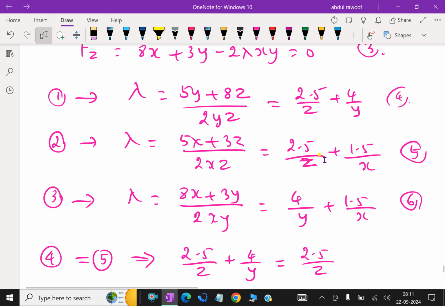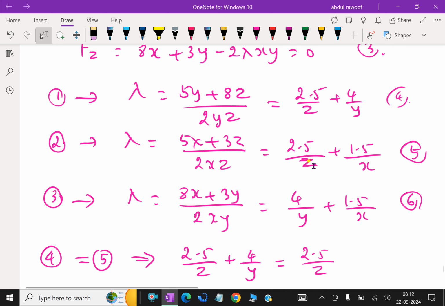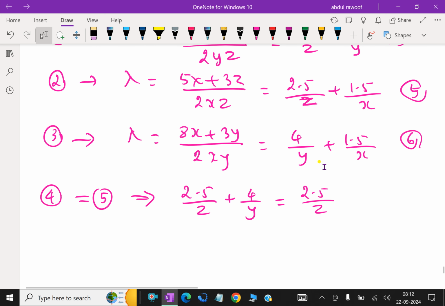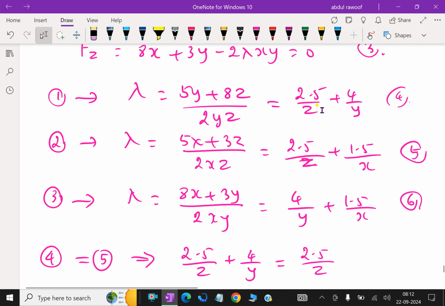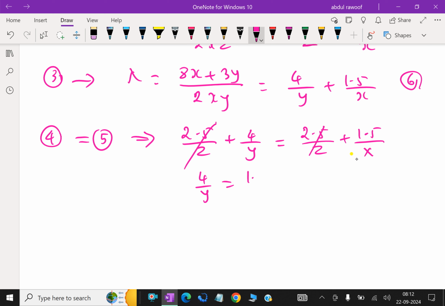The 2.5 over z cancels on both sides, so we have 4 over y equal to 1.5 over x.